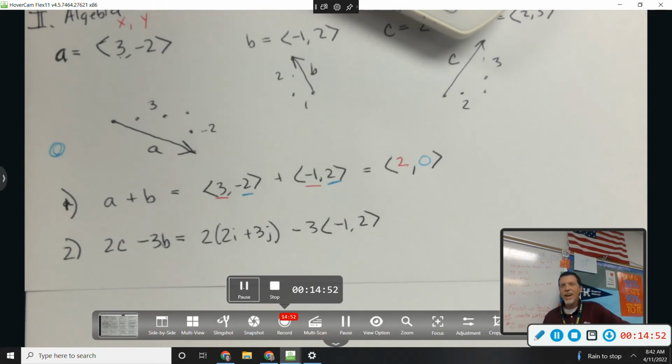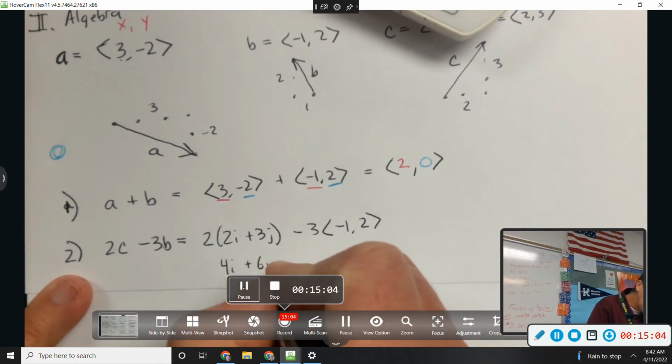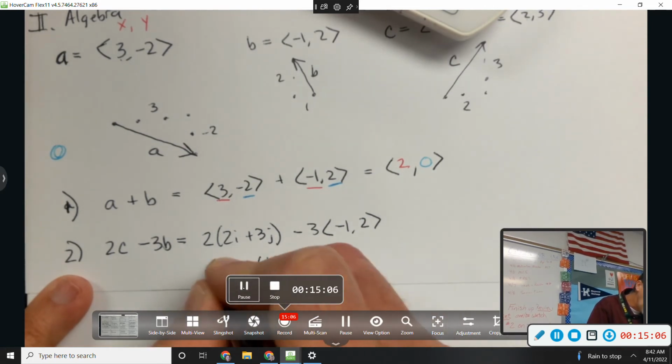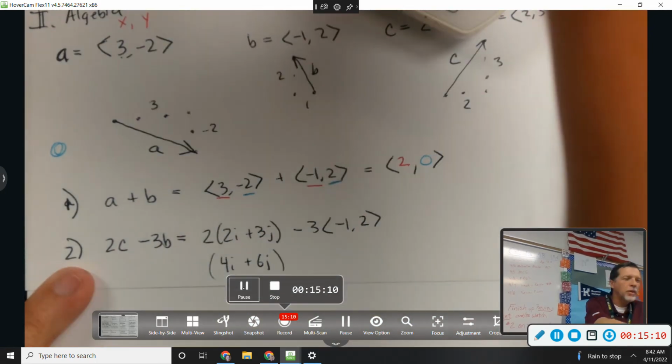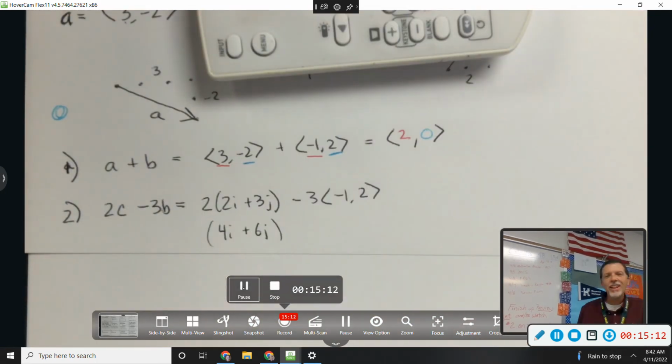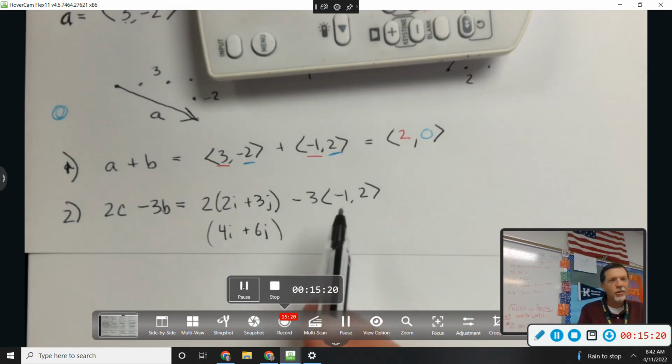That's okay, but there's a lot of things going on here, so be careful. So I'm going to distribute the 2, 4i plus 6j. I'm also leaving them both as they're given. If you don't like that mixed format thing, you could switch them to one of them. Switch this one to ordered pairs, or switch that one to ij and make a match. Or you can just roll with it as they are.